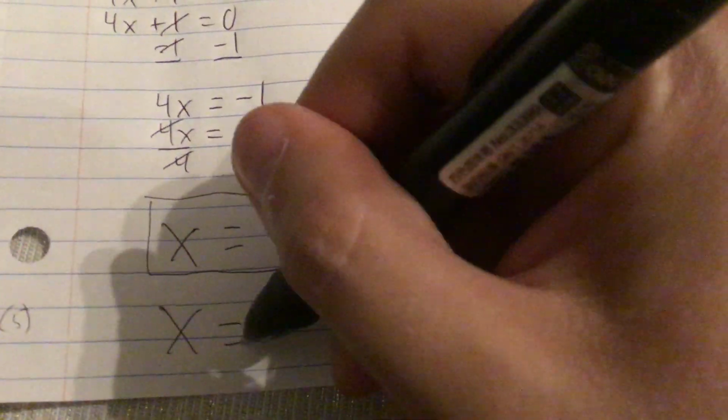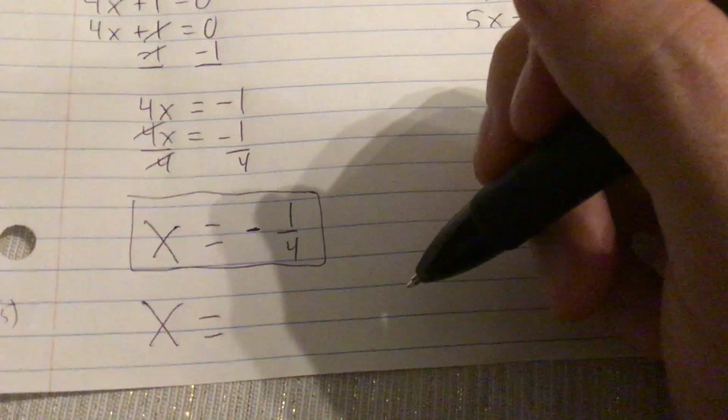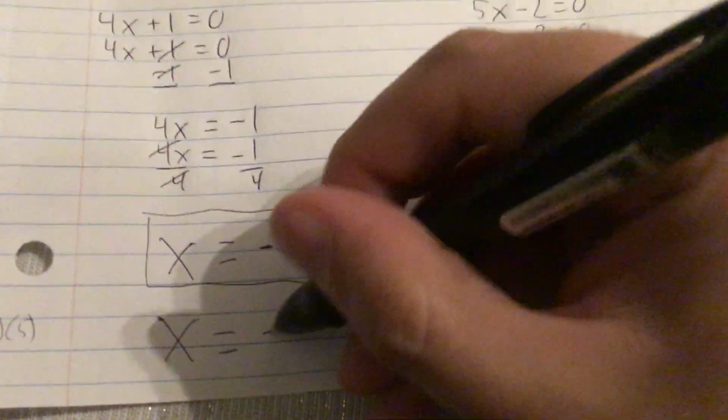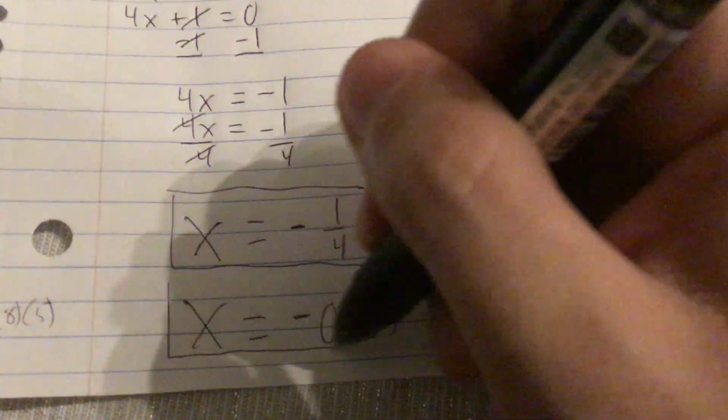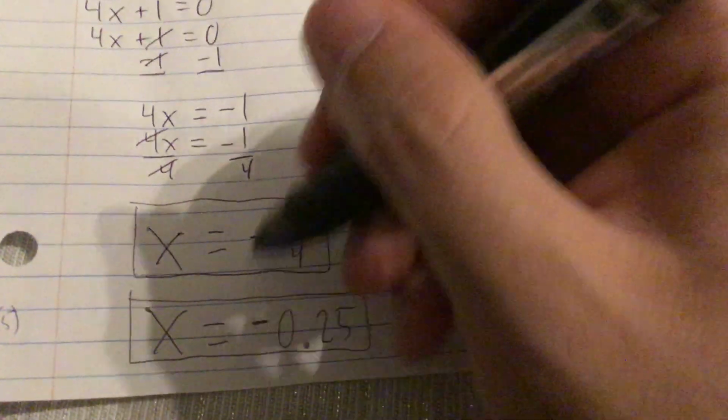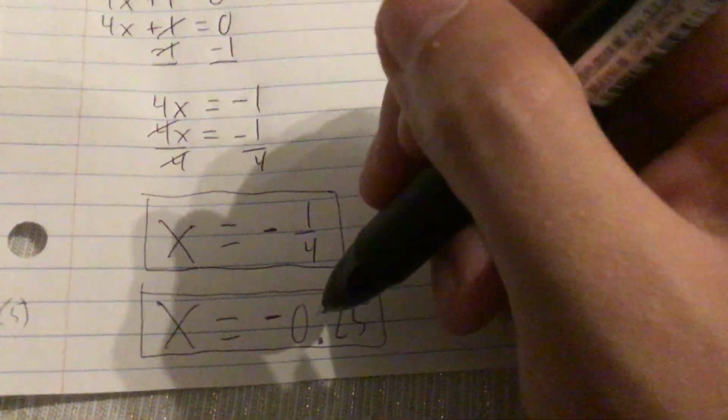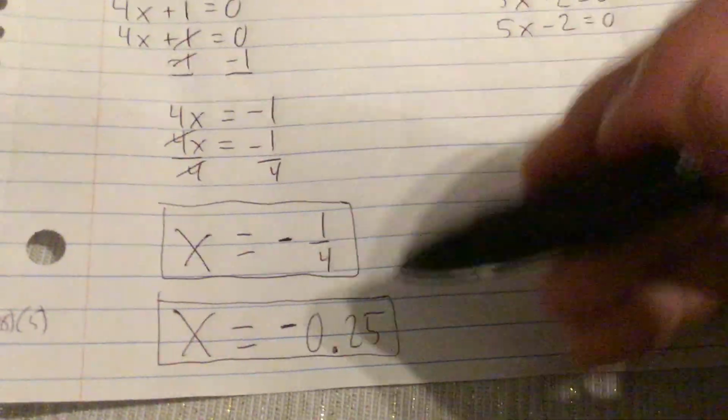And I can leave this as negative 1/4. If you're a decimal person like me, negative 1/4 can be translated into negative 0.25. So either one of these works for one of the solutions. They mean the exact same thing.